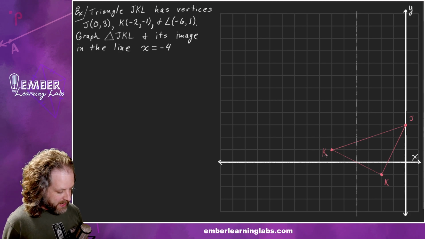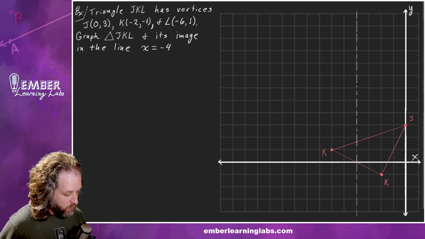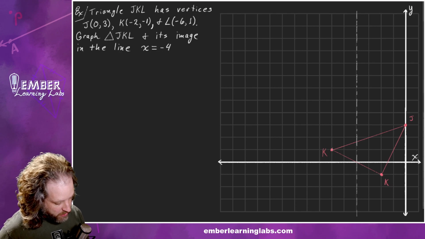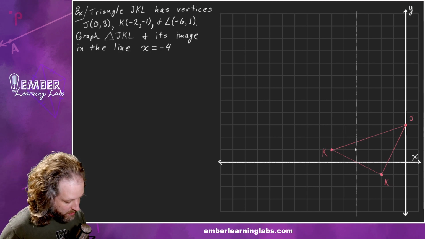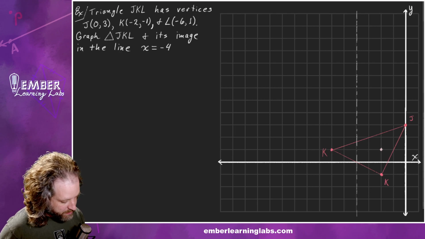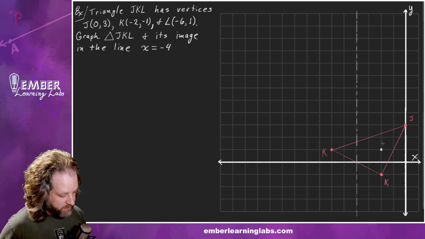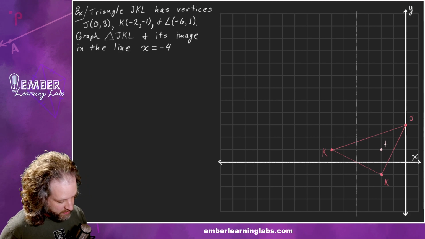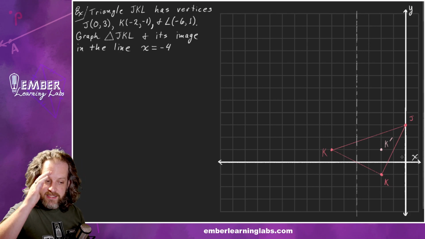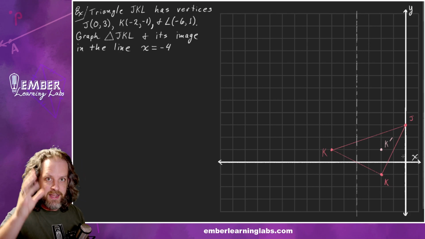And so what I like to do is take them one point at a time. So if I reflect this K over this axis, then it was 2 over, and so it's going to be 2 over from where we're reflecting. Typically when we do a reflection, we use this little prime symbol. It's got a little sideways tick mark, kind of an in-the-air comma.